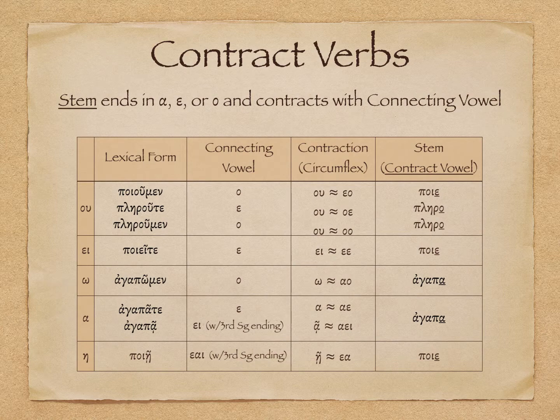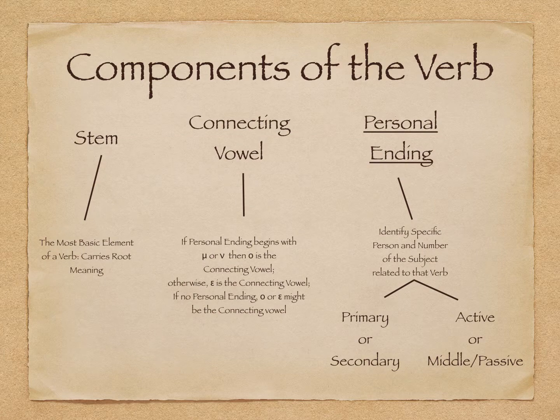These patterns will become more familiar to you in the days ahead, and just as you memorize them, you'll need to know them this week. So just memorize the contraction patterns, but don't fret, as Mounce notes, and I think very clearly in chapter 17 here. If you know the personal ending, which I've underlined here in this slide, then you will be able to know the connecting vowel.